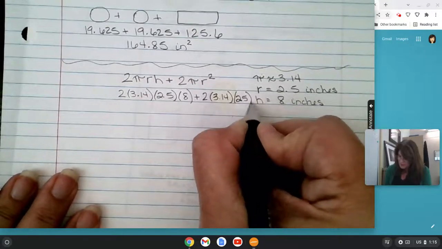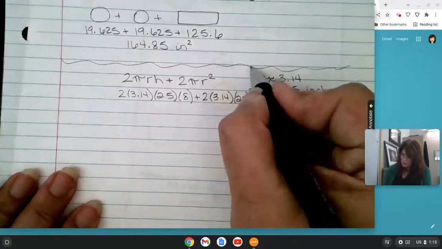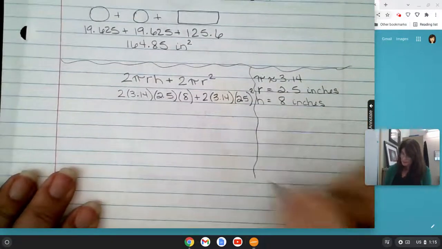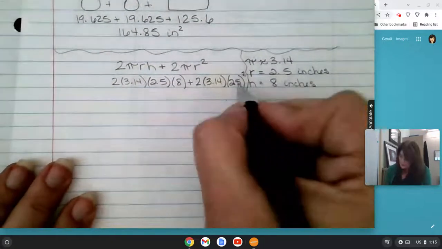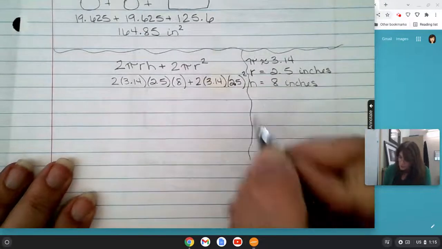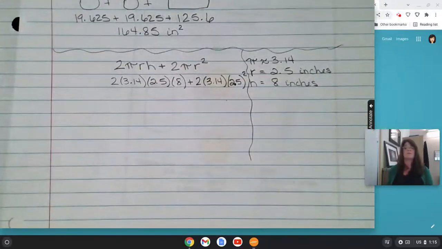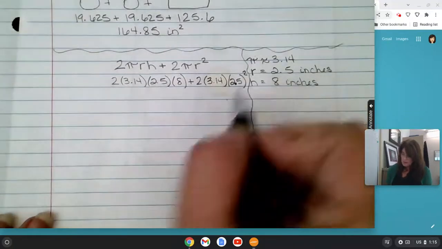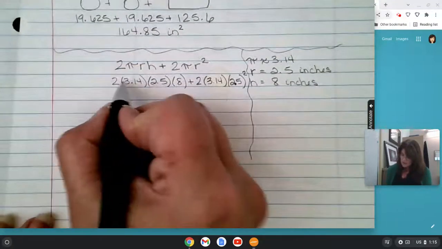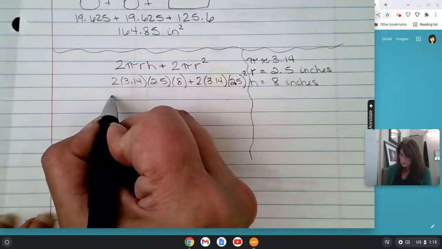Sorry, I ran out of room. That was poor planning on my part. There we go. Order of operations: I have to do anything with an exponent first because all of these parentheses are standalone.